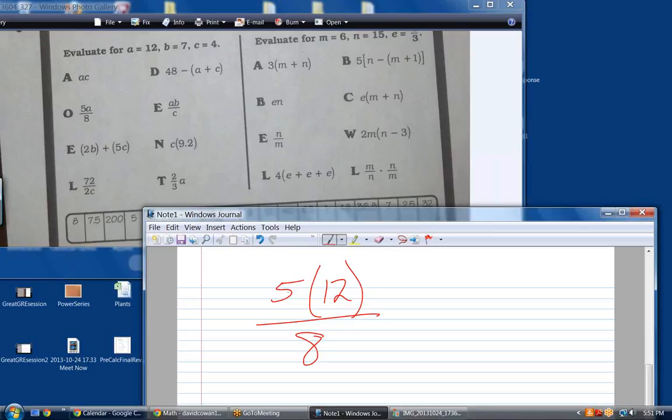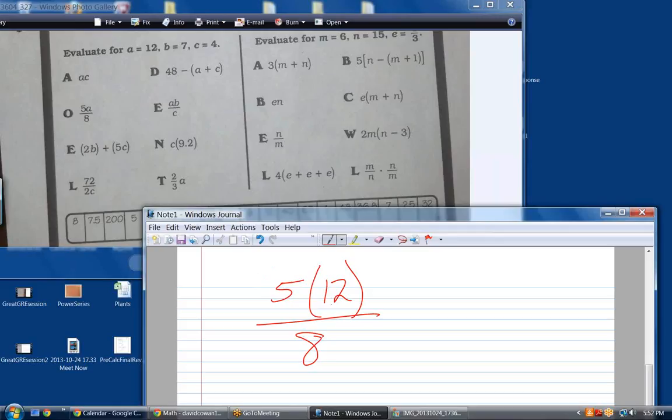Now, it might seem like the easiest way to do this is 60 divided by 8, but then you got to reduce that, which isn't that easy. So let's try reducing this before we multiply it out. How can I change 12 over 8? How can I reduce those numbers? I can't do anything with 5 and 8 because there's nothing that divides into 5 that also divides into 8.